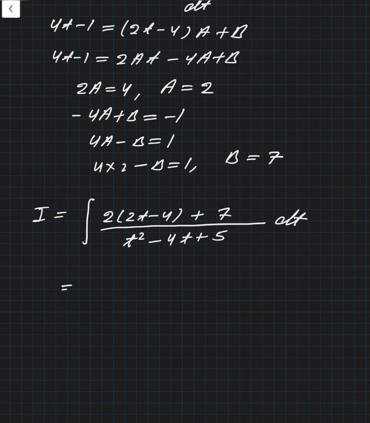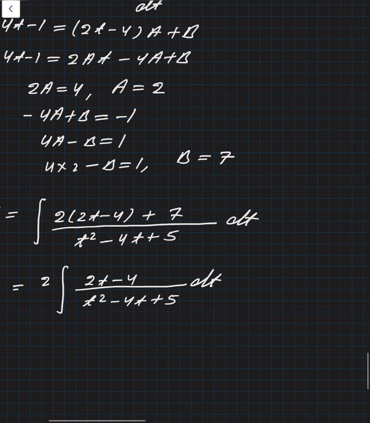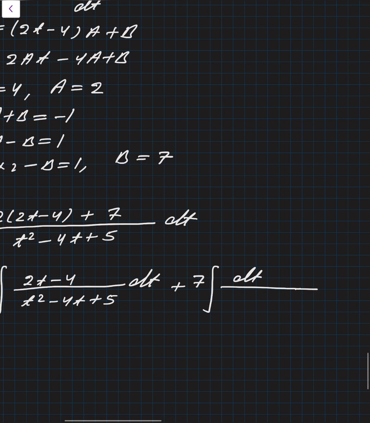First of all, if you see very carefully, that is 2t minus 4 in the numerator and the denominator, dt, and that one is written 7 dt divided by t square minus 4t plus 5. If 4 is added, then 4 is subtracted.